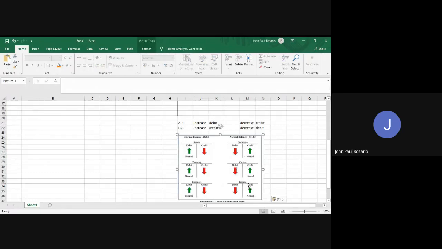So if assets, drawings, and expenses increase, the increase is all debited, and if they decrease, it is all credited. Then for liability, capital, and revenue or income, if they increase, they are credited, and if they decrease, they are debited. So this is the concept of normal balances. Okay?